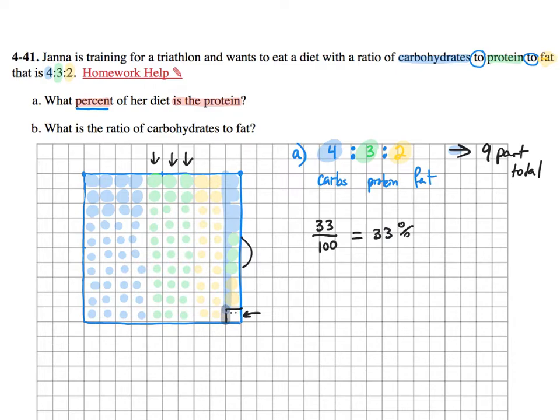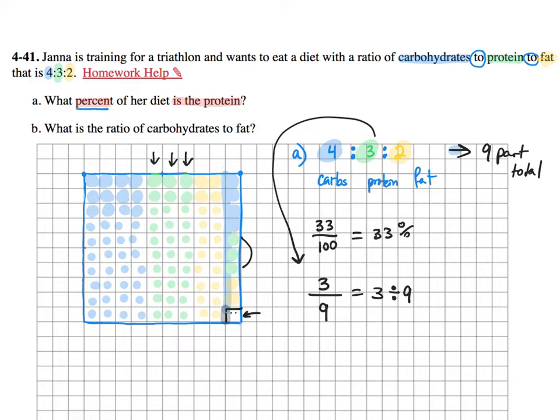Now, if I want it to be more accurate in terms of parts, we're given 3 for the protein. We're asking for protein, and the total is 9. So 9 does not go into 100. One way to do it is to go 3 divided by 9 to be more precise.